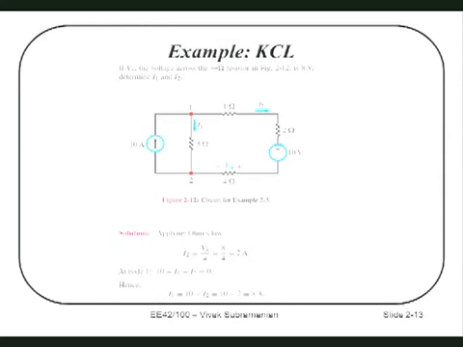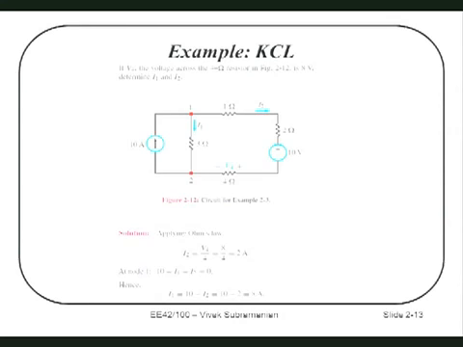Now, I want to know what is the current going through that resistor. How do I do that math? Yeah, it's Ohm's law. V is equal to IR. So V is V4, R is 4 ohms. So I can write I2 is equal to V4 over 4.